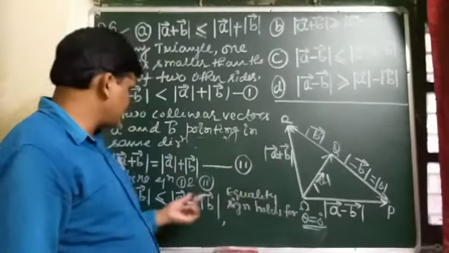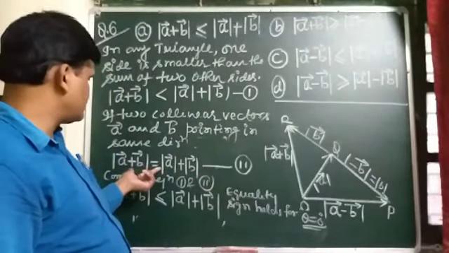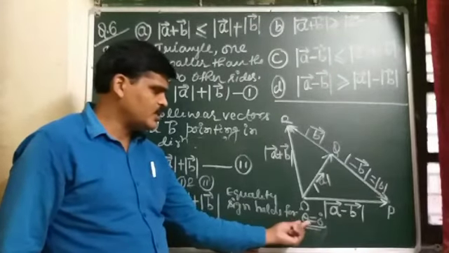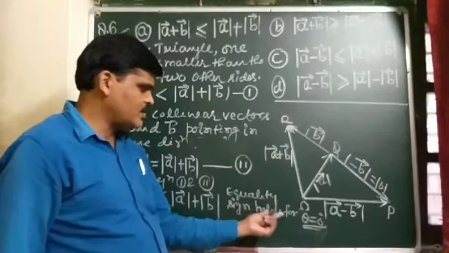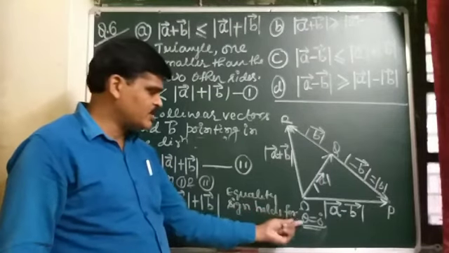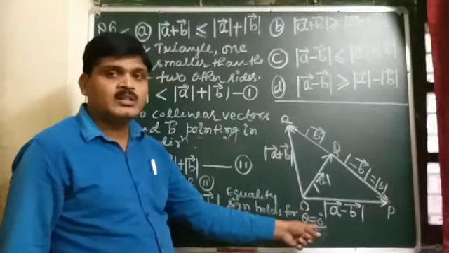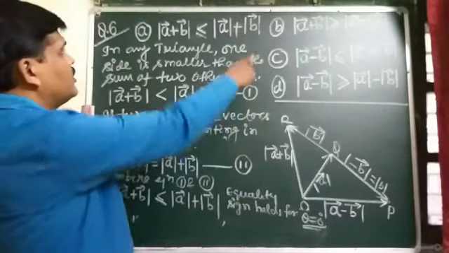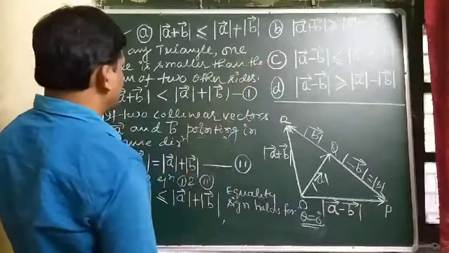So the equality sign holds when both are in the same direction or collinear, for motion in one dimension, when theta equals 0 degree. And now I am going to solve the second part, student.